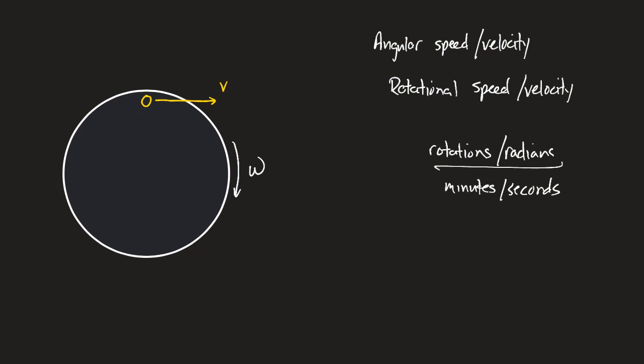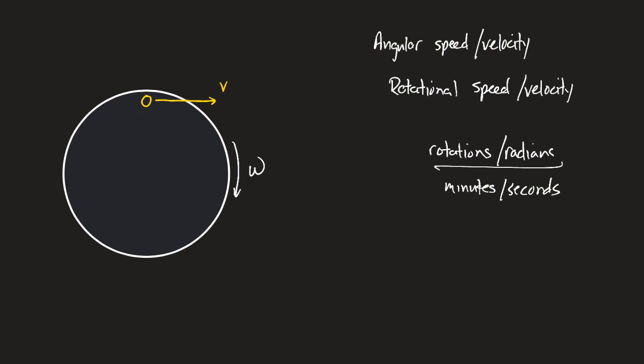It doesn't make sense to talk about how fast the person's going in referencing a ride that spins. It makes more sense to reference the spin rate of the ride. Now, the person being on the ride has a linear velocity.